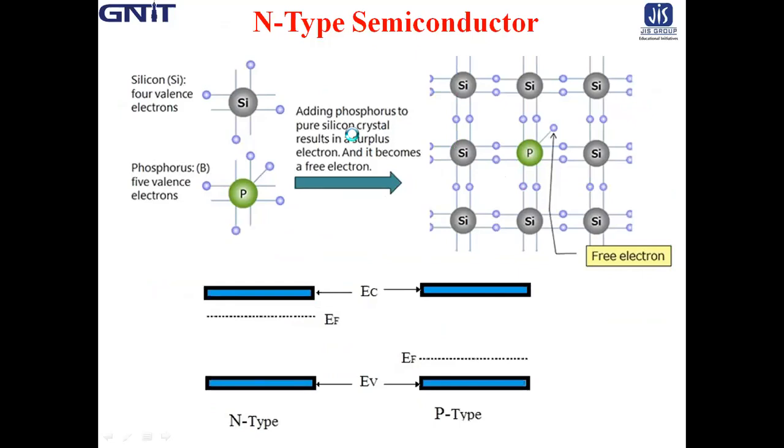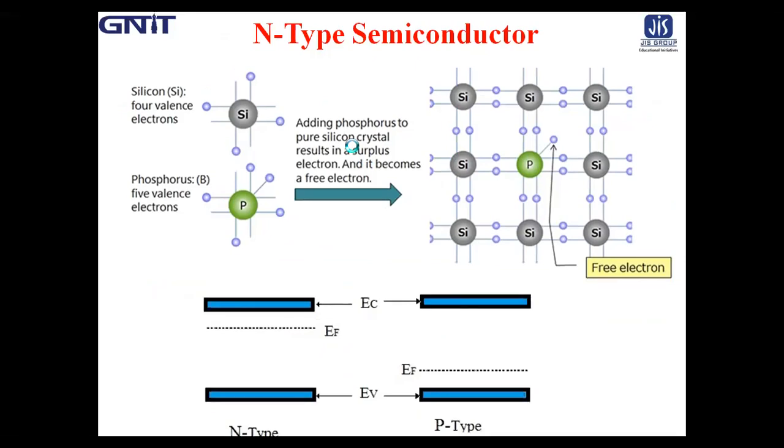A simple two-dimensional picture of a single crystal tetravalent silicon lattice is doped with a pentavalent element belonging to group 5 of the periodic table, such as phosphorus, which is introduced in the silicon crystal as a substitutional impurity, that is, impurity atoms which occupy vacant lattice sites of silicon.